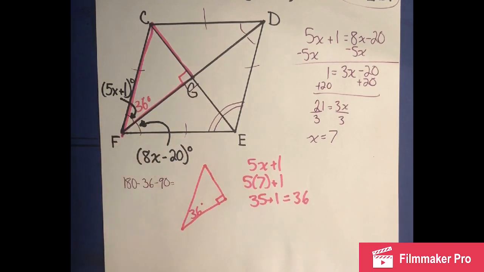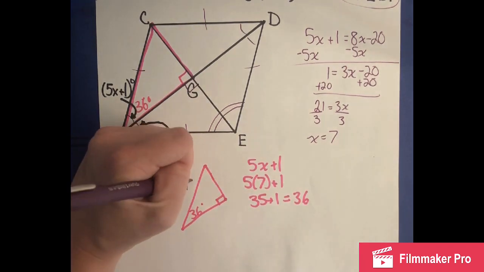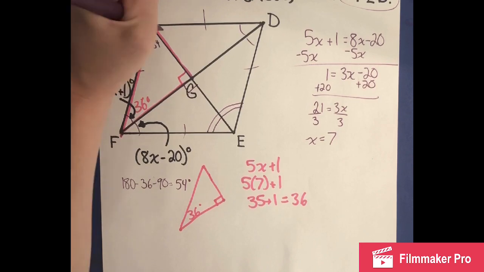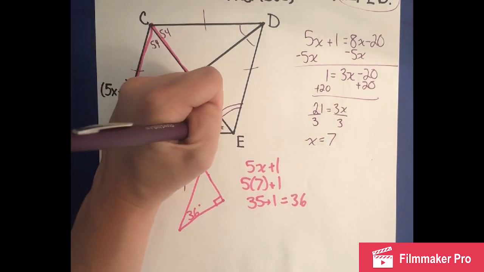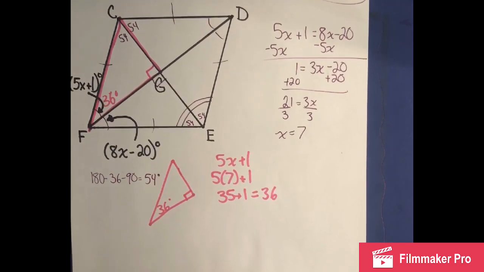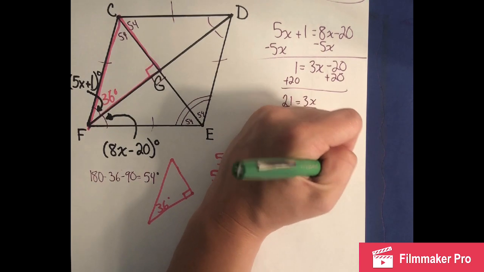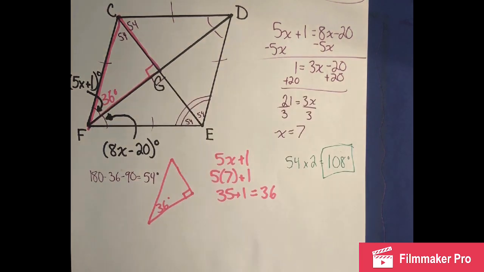Remember, you could just do 90 minus 36. It gives you the exact same answer, but we're going with it. This gives me 54 as an answer. So this is 54 degrees, and so are these. We want the whole thing, so what am I going to do? I'm going to do 54 times 2, which is 108, which is my answer there.